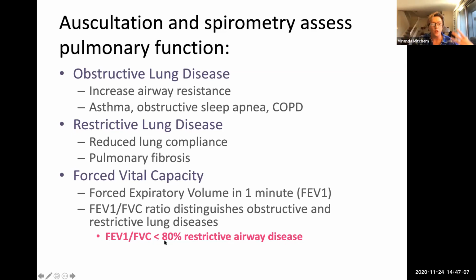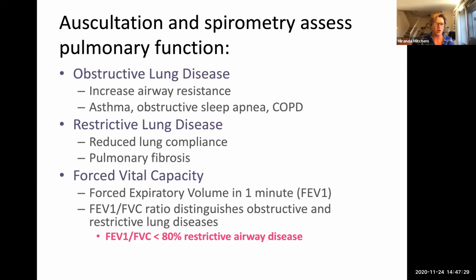We end up with a lowering of this ratio. It depends on which lab or which tests are being used, but generally the cutoff is at about 75 or 80%. So a decreased FEV1/FVC ratio indicates restrictive disease. It does not indicate obstructive disease.